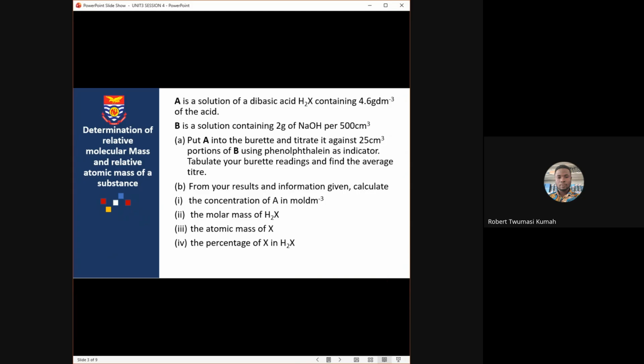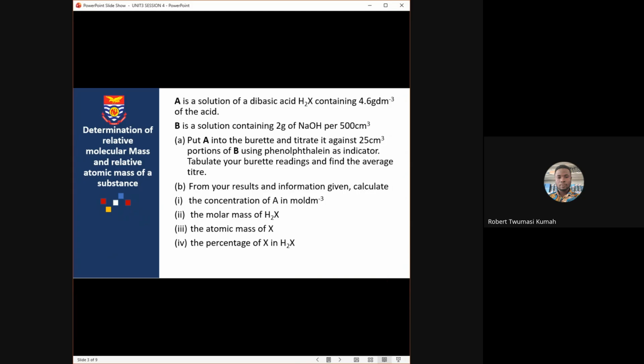A solution A is a solution of a dibasic acid H2X containing 4.6 grams per cubic centimeters of the acid, whilst B is a solution of 2 grams of NaOH per 500 cubic centimeters. I'm sure at this point you can figure out which one is the titrant, which one is the analyte.